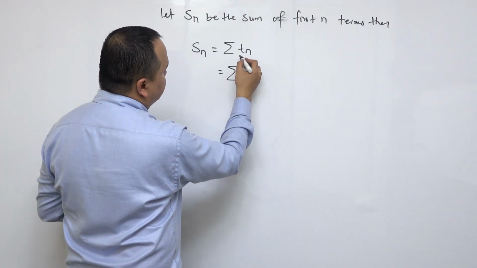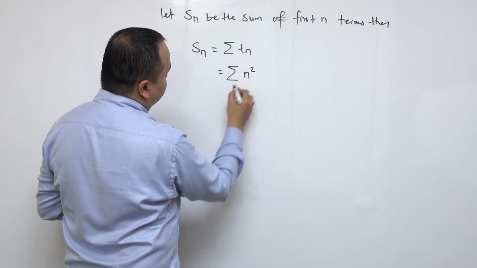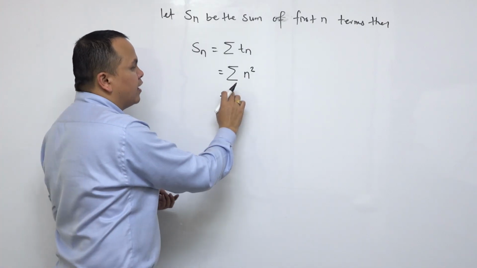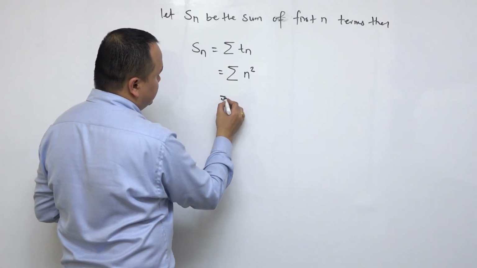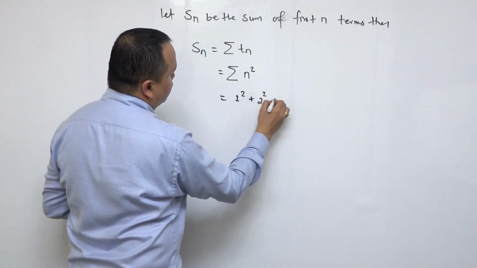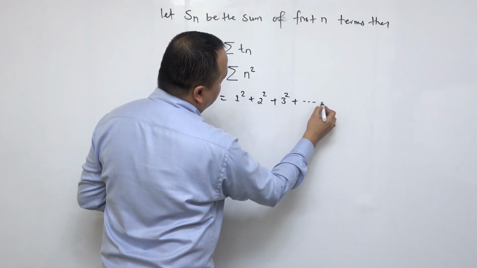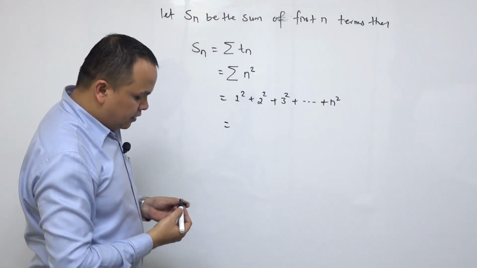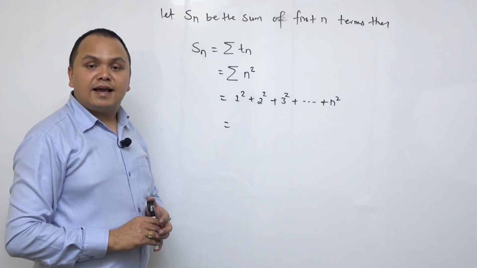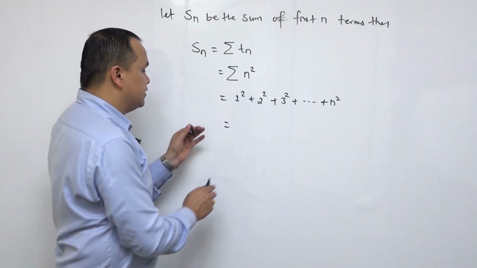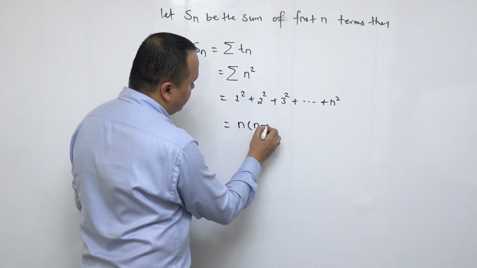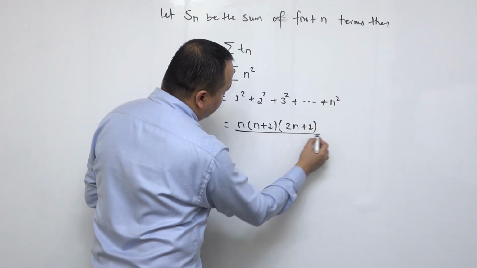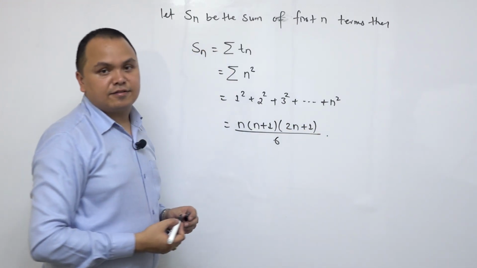Here Tn is n square, and n runs from 1 to n. That is 1 square, 2 square, 3 square plus ... plus n square. We have the formula for squares of the first n natural numbers, which is n(n plus 1)(2n plus 1) divided by 6. That is the answer.